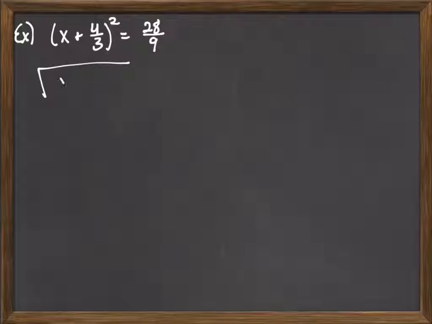Okay, let's consider another example. This time we have some ugly fractions in there, but we still proceed the same way. We have something squared equal to a number, so we take the square root of both sides. So we get the square root of x plus 4/3 squared equals the square root of 28 over 9.